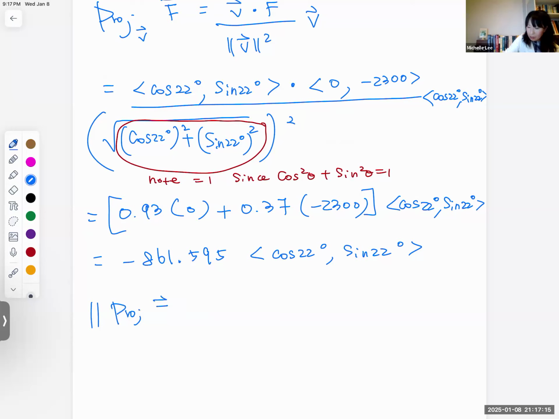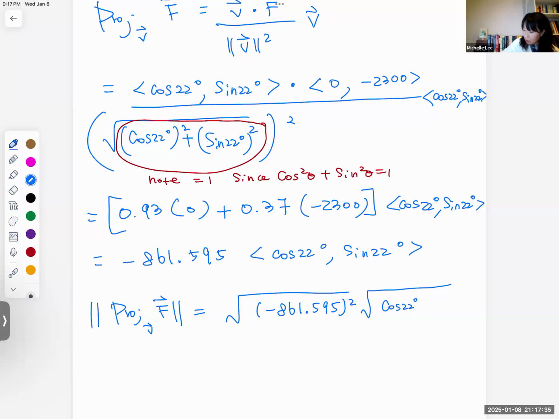The projection of F onto V. That would be negative 861.595 squared, right? And then the magnitude, square root of cosine 22 degrees squared plus sine 22 degrees squared, right? We know that this is 1.